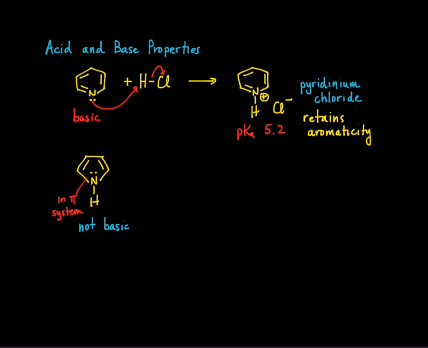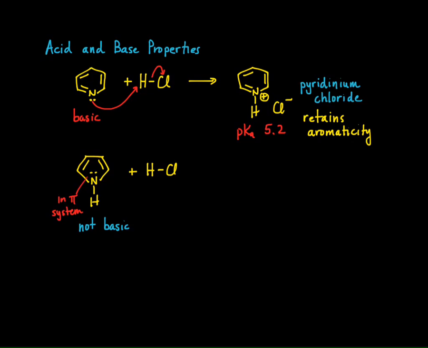But remember, those electrons on pyrrole are part of the pi system. And therefore, if we use those in reacting with an electrophile, we could potentially lose the aromaticity.